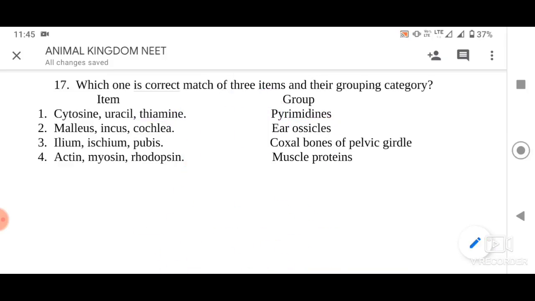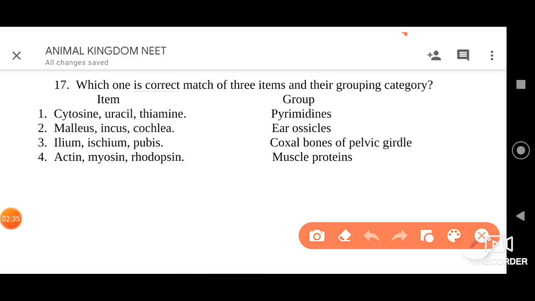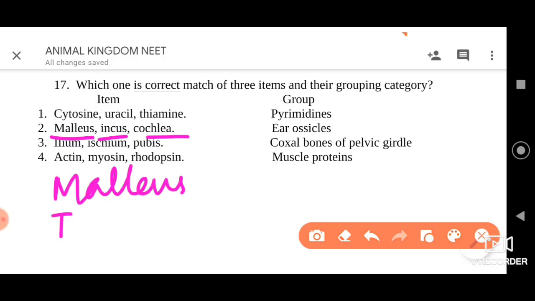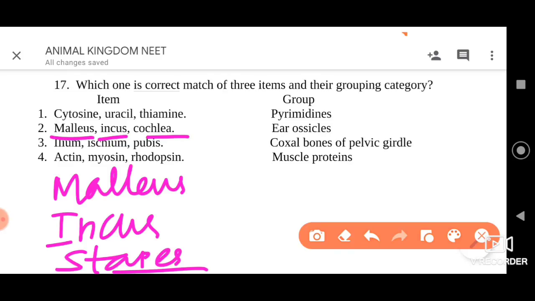Next we have here malleus, incus and cochlea. See, in the middle ear three smallest bones we have, my dear friends. The first one is malleus, then we have the incus and then we have the stapes. Instead of stapes, they have given cochlea.